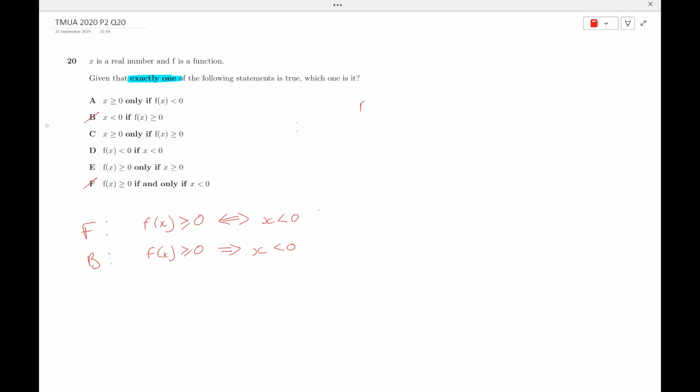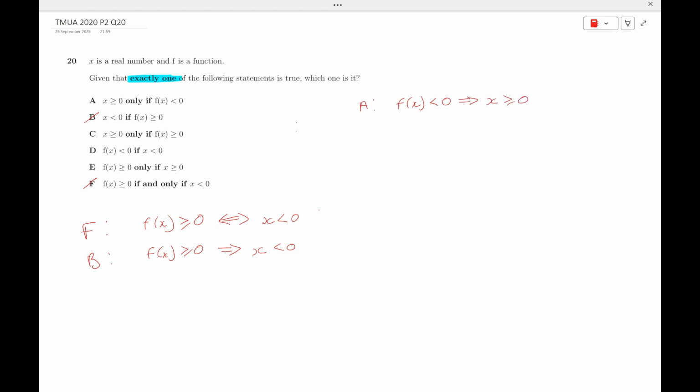So if we take statement A, working through these in order, we can say that f of x being less than 0 implies x is greater than or equal to 0.